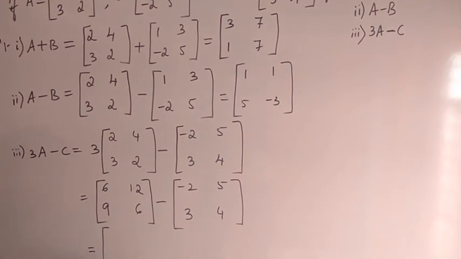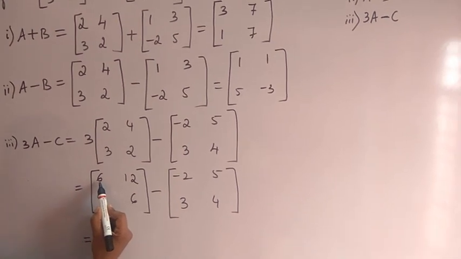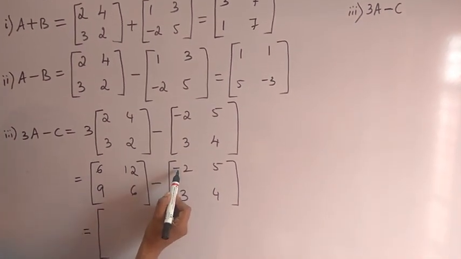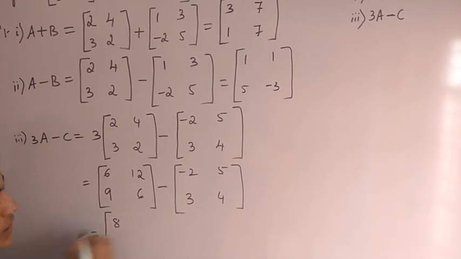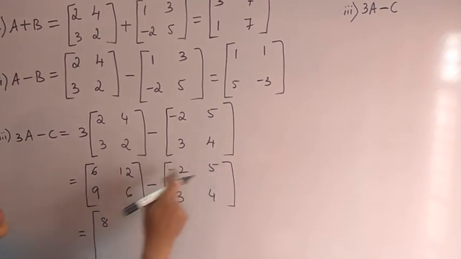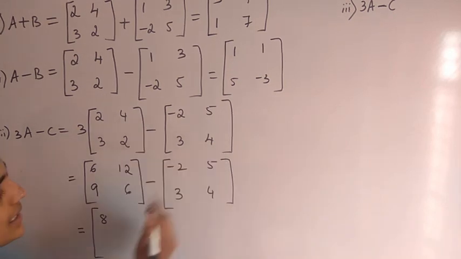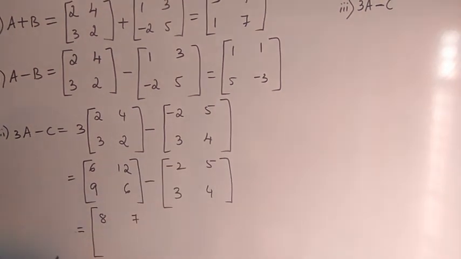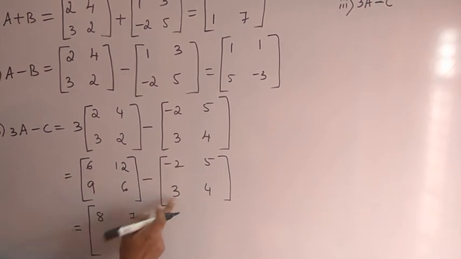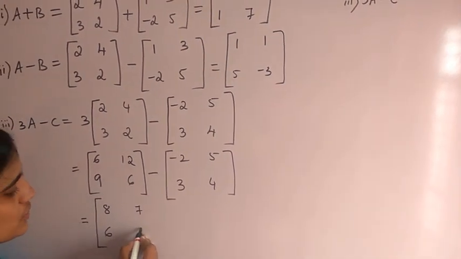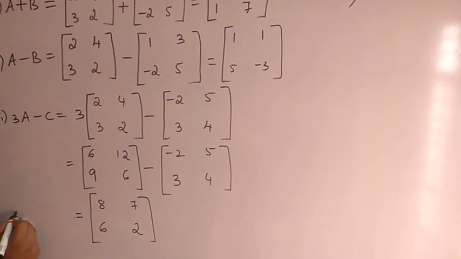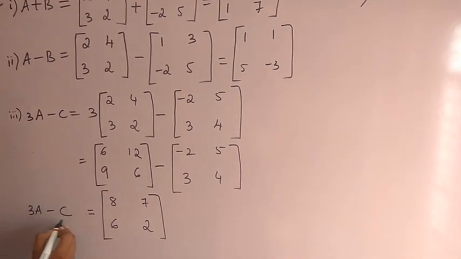Let us subtract now. 6 minus into minus becomes plus 2, so 6 plus 2 is 8. 12 minus 5 is 7. 9 minus 3 is 6. 6 minus 4 is 2. So this is 3A minus C.